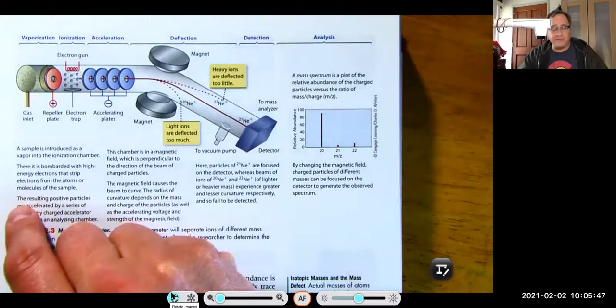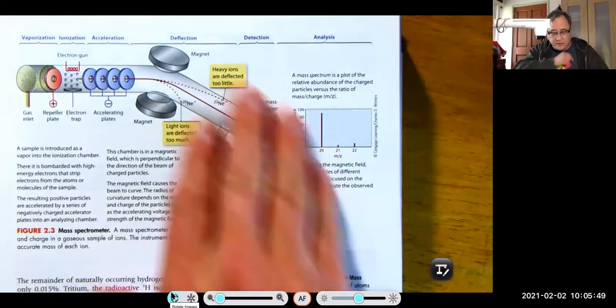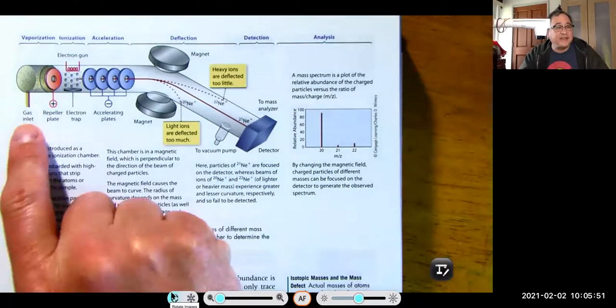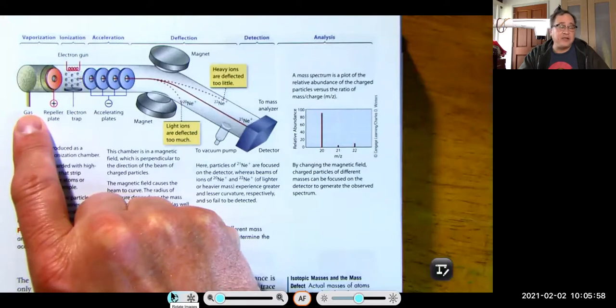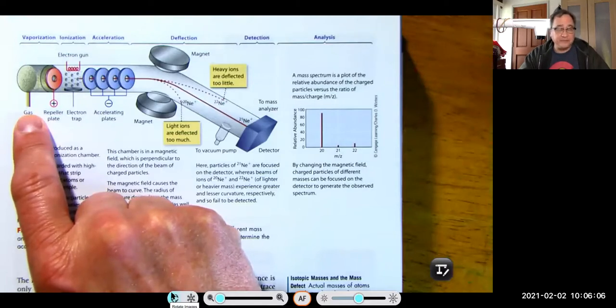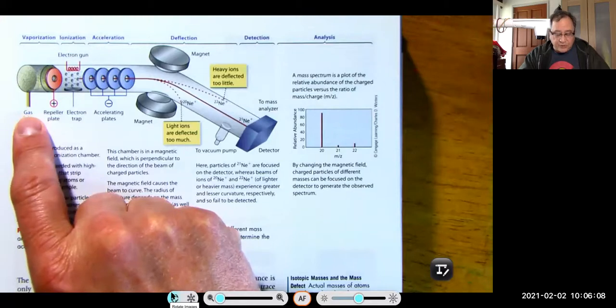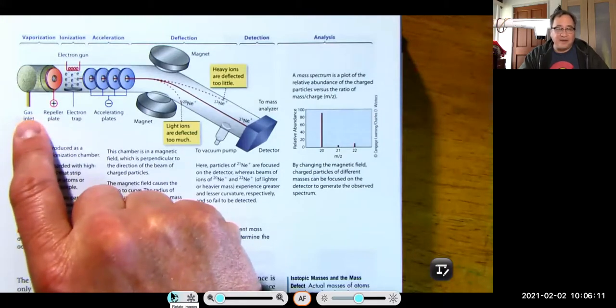So let me describe the portions of the mass spectrometer to you. This is the gas inlet. This is the place where you insert your sample and you make sure that the sample is gaseous. So we make gaseous hydrogen, gaseous helium, gaseous oxygen, even gaseous gold. And so this is a pretty hot spot right here if you want to make gaseous gold.